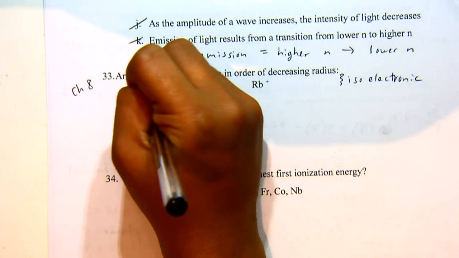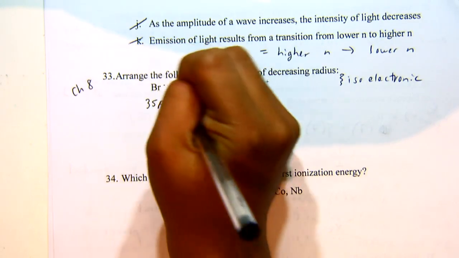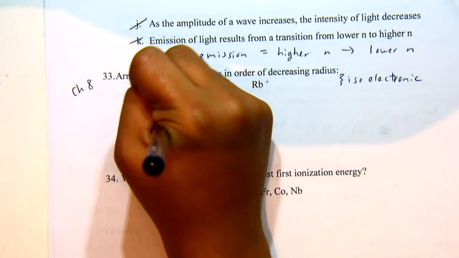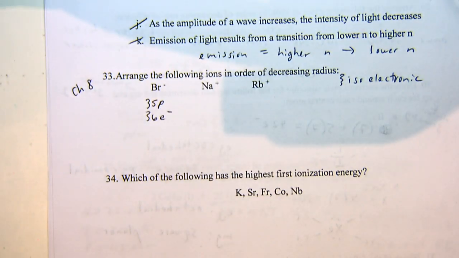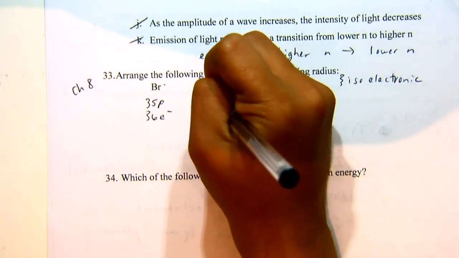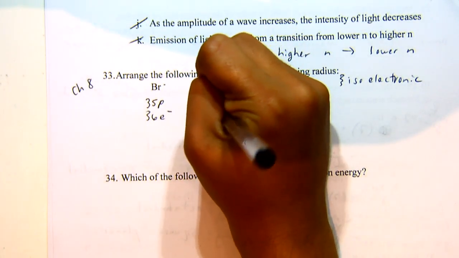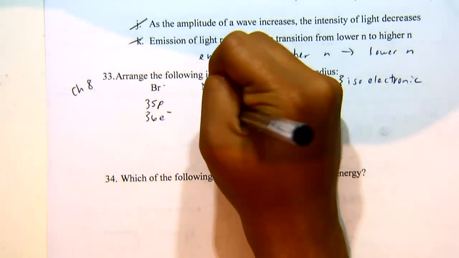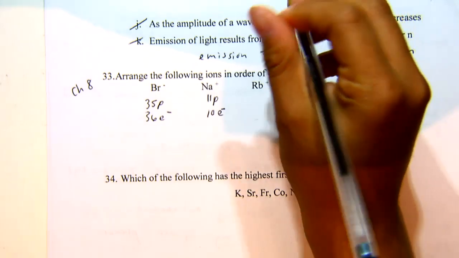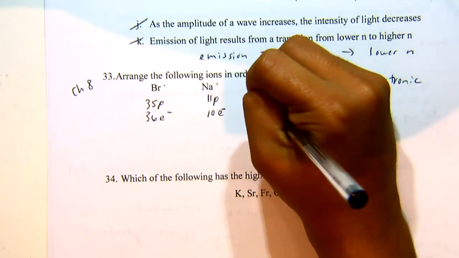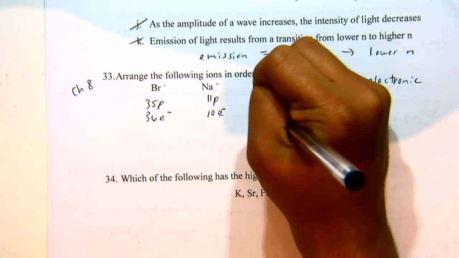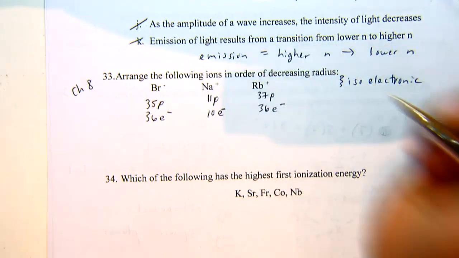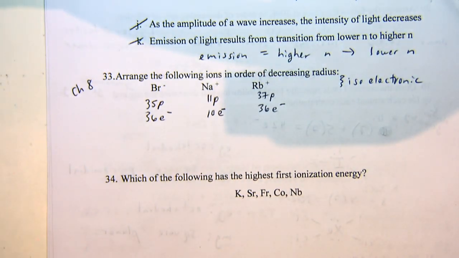Bromine's negative is going to have 35 protons with 36 electrons because it gains an electron. Sodium is going to have 11 protons and now 10 electrons because it lost an electron. And Rb is going to have 37 protons with 36 electrons because it had to lose an electron to get that charge.